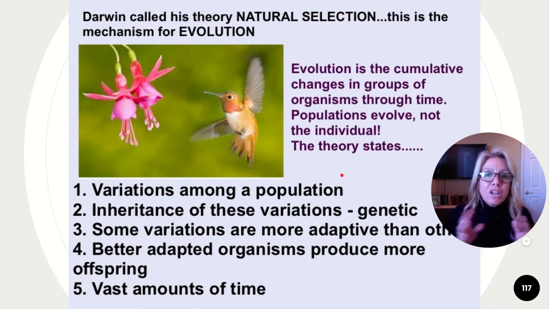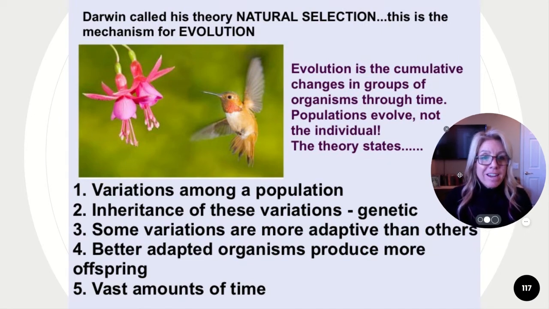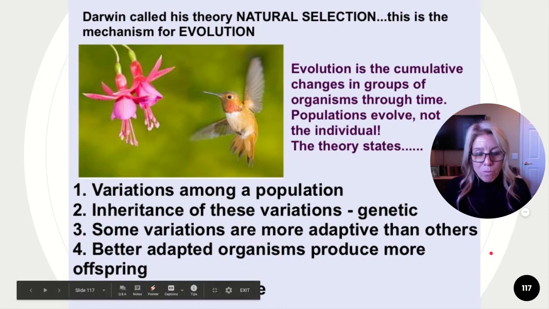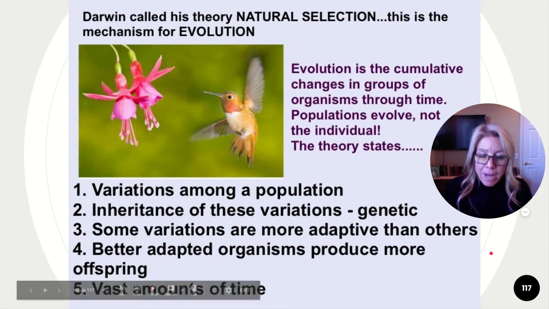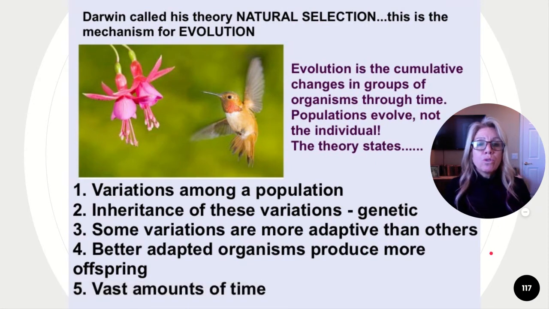Populations evolve, not individuals. So this theory states that A, there are variations in a population. Inheritance of these variations would be genetic, it's in the genes. Some variations are more adaptive than others. And better adapted organisms produce more offspring, and there are vast amounts of time.